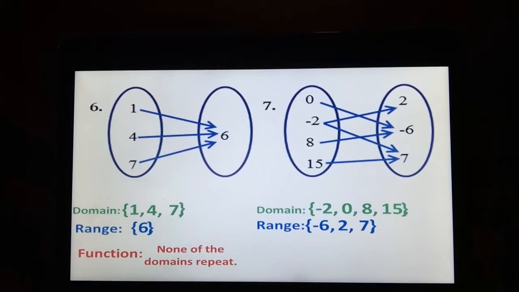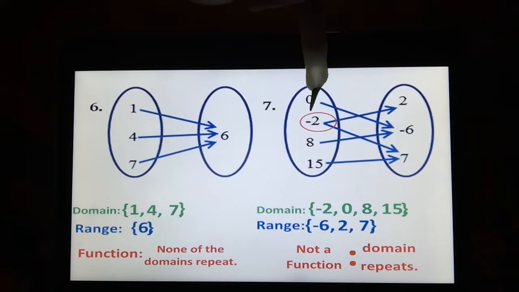All right, now is this a function or is it not a function? The answer is that it is not a function because the x repeats, or the domain repeats, and the domain repeats right over here where you have a -2 pointing at the 2, and it's also pointing at the 7, because that would be the ordered pair -2, 2, -2, 7, and you see in those ordered pairs the x's repeat.